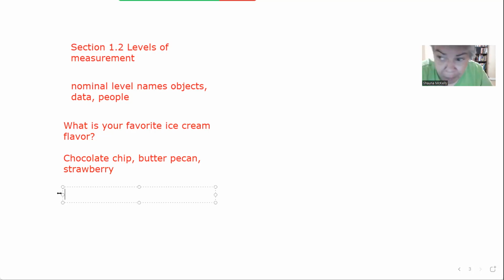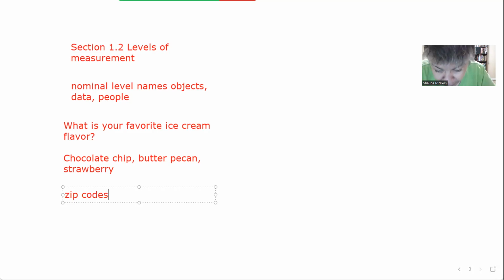Other common examples of this that can be confusing for people that you'll see on the homework and in the textbook might be things like zip codes. And they're like, well, that's your first inclination is that's numerical. Not really. It uses numbers, I agree with that, but it's not really numerical. It's a label.